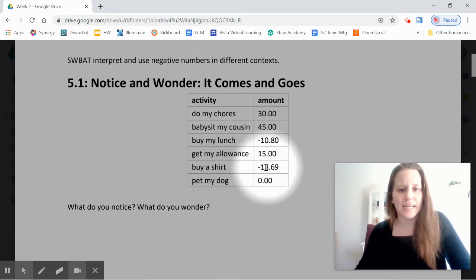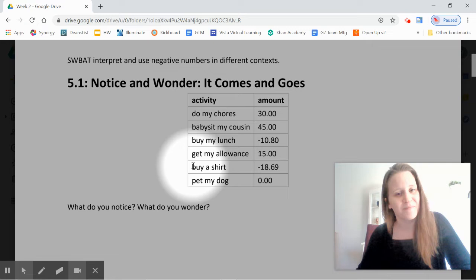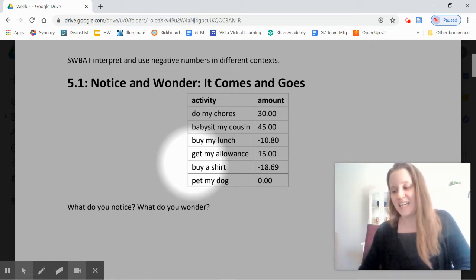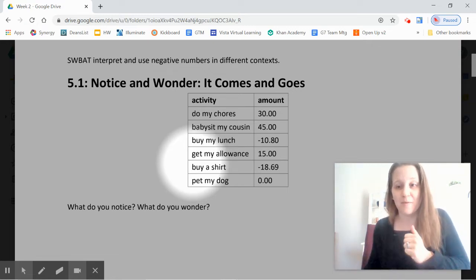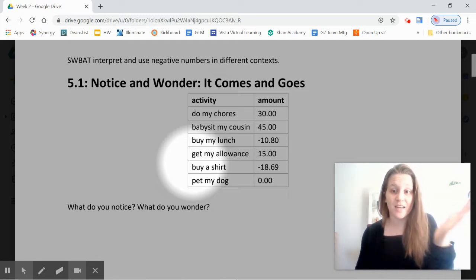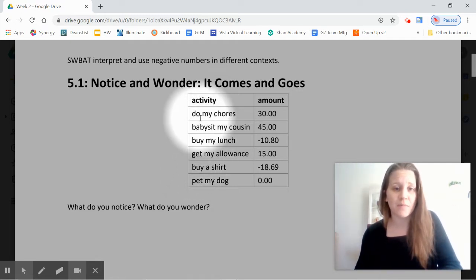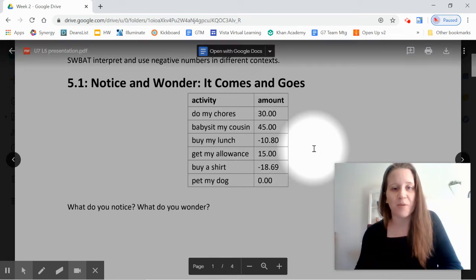And then the other negative value says buy a shirt. Do you notice something interesting? Maybe you notice that when we see the word buy, that was associated with a negative amount in the chart. Okay. Do you see the word buy anywhere else? Nope. When I bought something, the amount was negative.